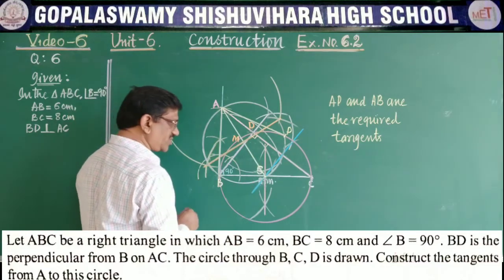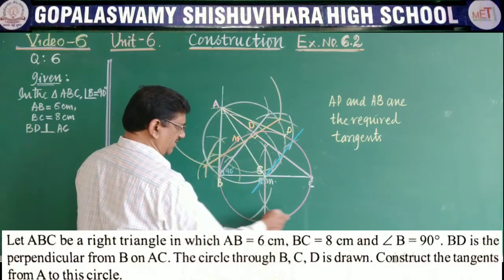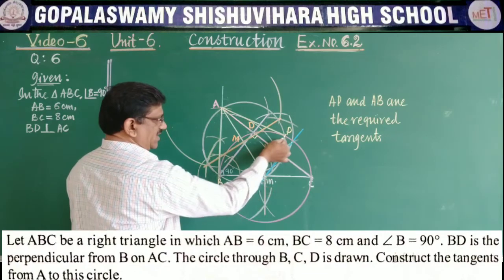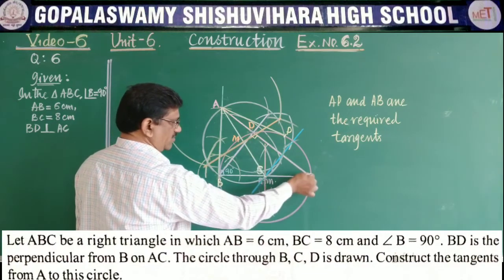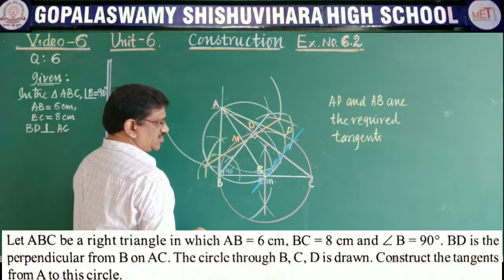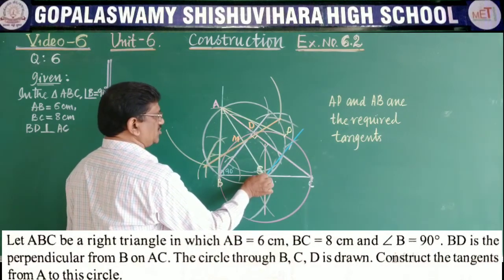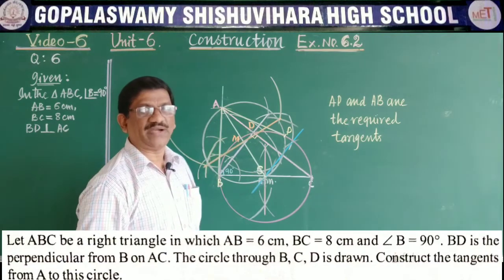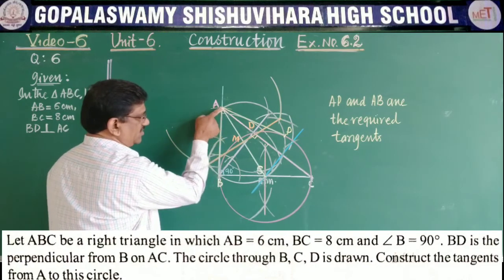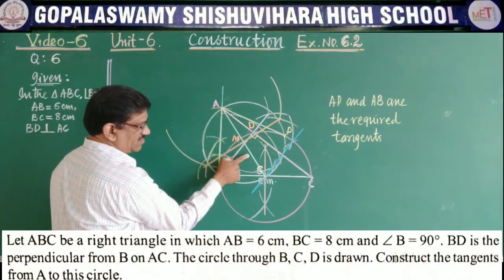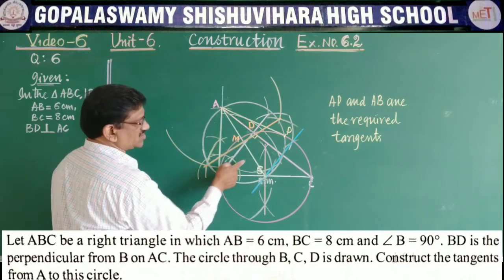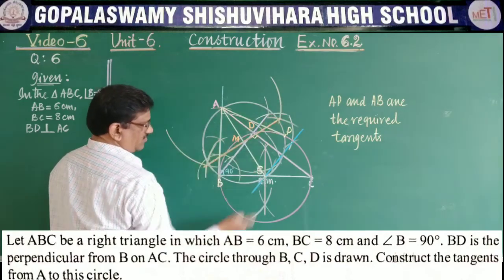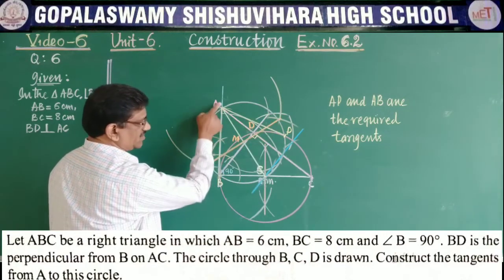Understood, children? Now, after drawing the circle, join A and S, because S is the center of this circle for which we have to construct tangents. Join AS. For this AS, we have to draw a perpendicular bisector. Once again, taking more than half of the line segment AS, draw arcs with A as a center and with S as a center on either side of AS.